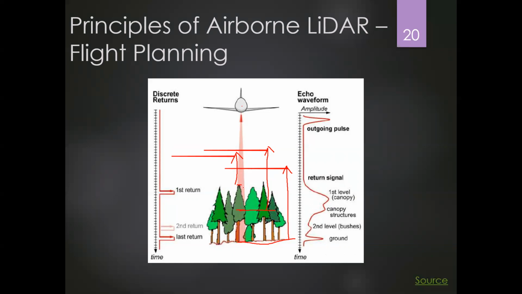That's maybe the return from the top of the canopy, maybe the return from the surface of the earth, but not all 3 of them. And I mentioned before that currently the most powerful sensors can detect as many as 5 returns. But you need to know that they are very expensive.